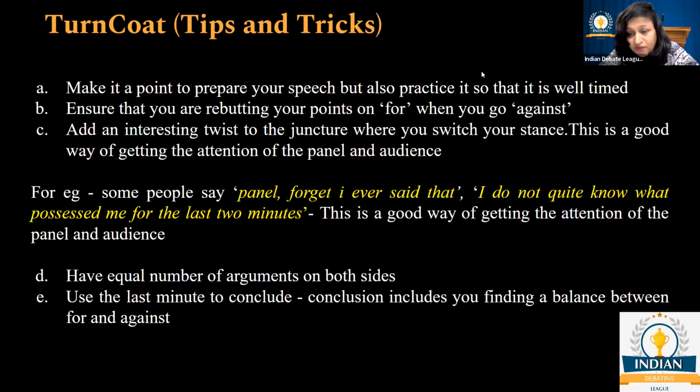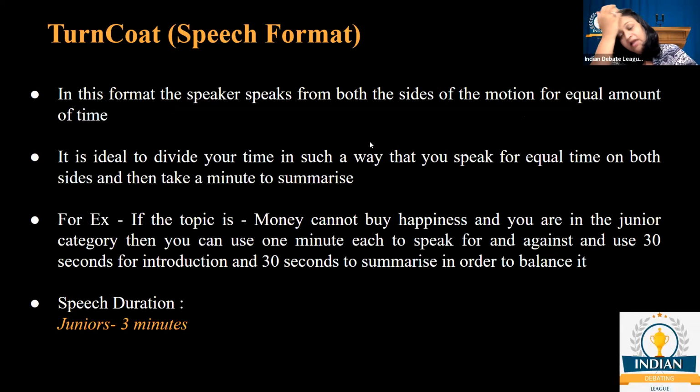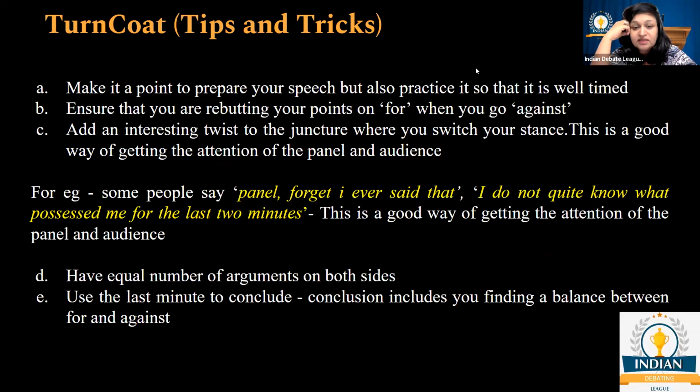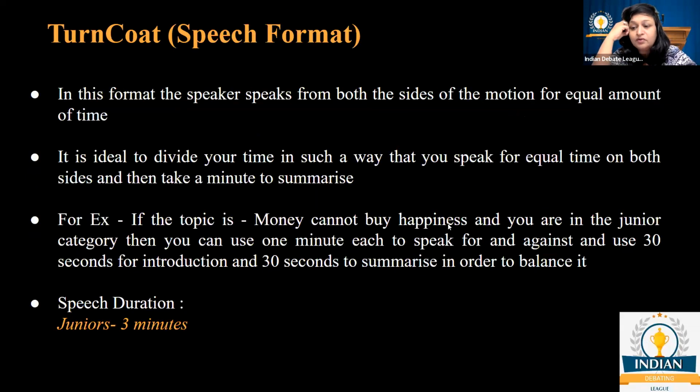Afreen, I do want to call upon any middle category students here, please give them their time breakup as well because some of them weren't able to move. For juniors, it's 3 minutes. For middle, it is 4 minutes. So your time breakup would look like 30 seconds of introduction, 30 seconds of conclusion, and you'll have 3 minutes left, which means 1.5 minutes for supporting the motion and 1.5 minutes for opposing the topic.